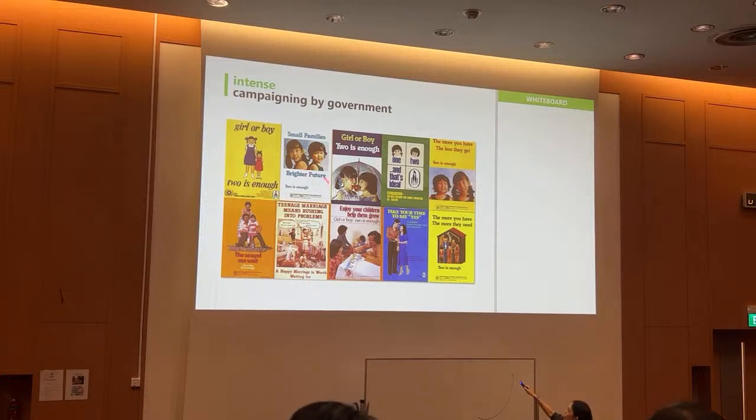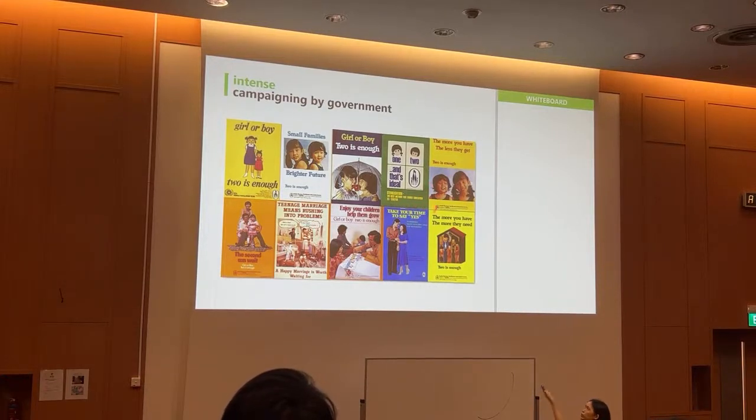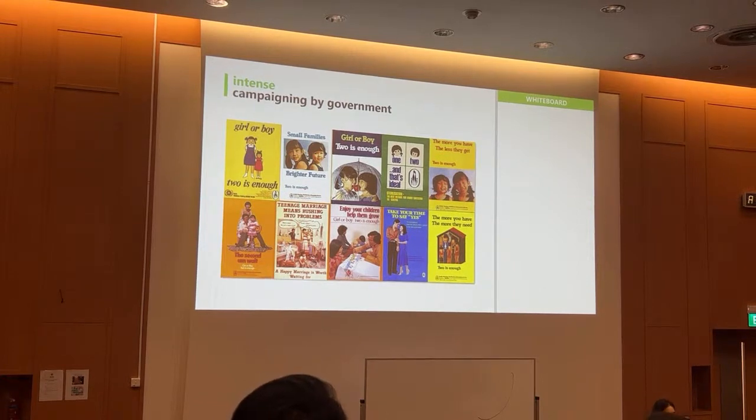If you have a smaller family, brighter future, because you have more resources to pump into fewer children. Sterilization, best method for a family with enough children. Second, can wait. Don't go for teenage marriage, you will be rushing into problems, etc. So by reading the slogans, you can roughly know where the government was targeting in this campaign.